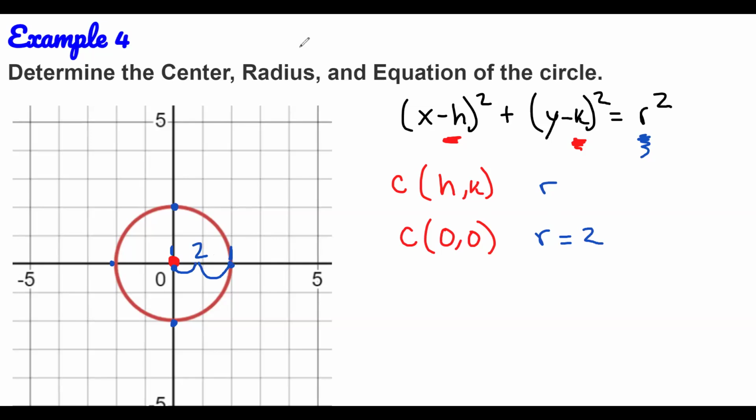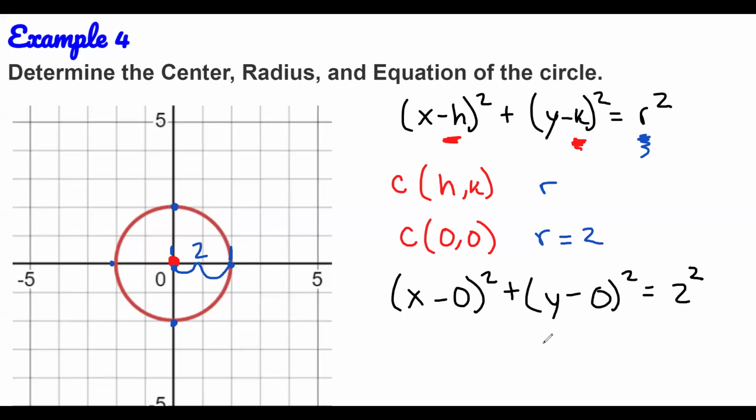Let's go ahead and write the equation now, given the parts and looking at the image. So we have x minus, if it's 0, we're going to go ahead and write 0 squared plus y minus 0 squared equals our radius squared. Remember that this is my center, and my radius. So what is x minus 0?